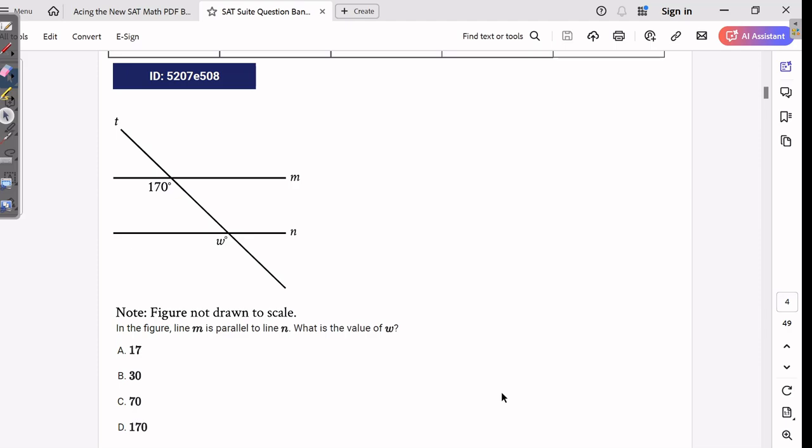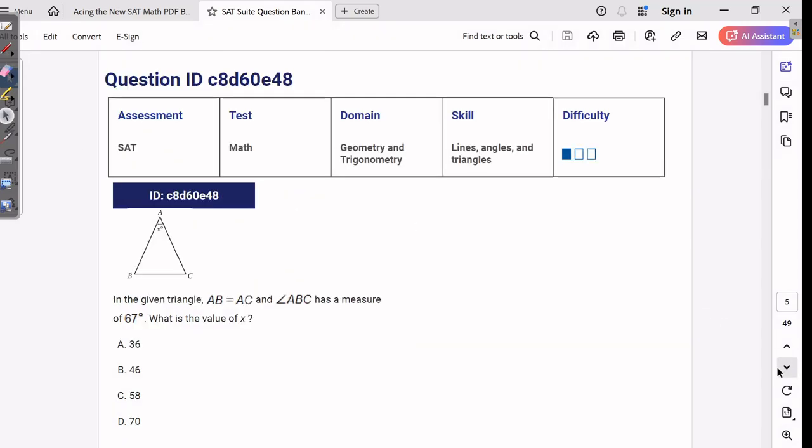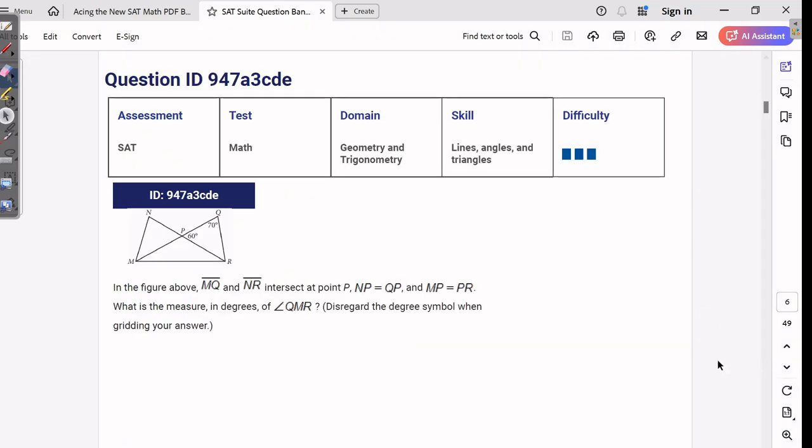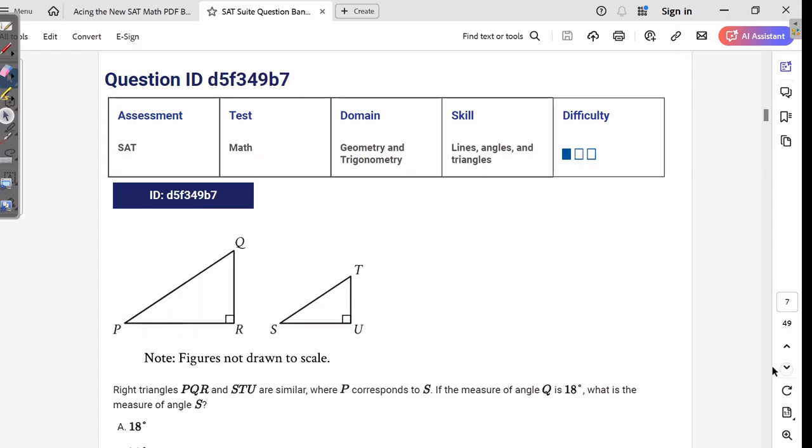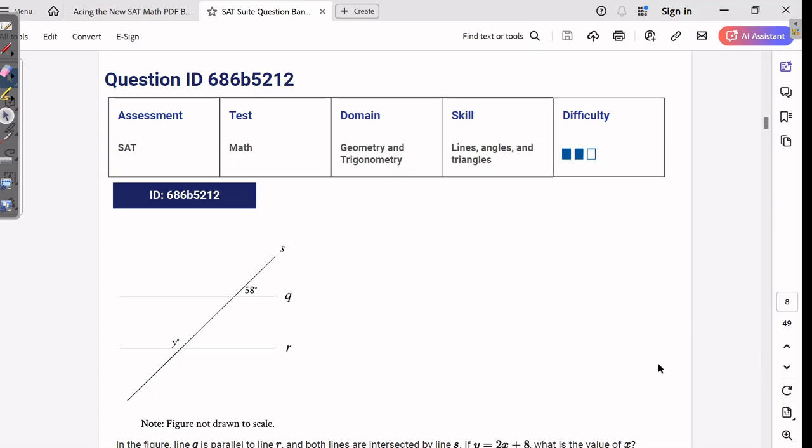Because it's alternate interior. Oh no, it's corresponding. Corresponding, yes. So option D will be correct. They are corresponding. Okay, let's take another one. I'm not taking questions on triangles, but in this assignment there will be questions on lines and angles and triangles as well. Okay, let's do this one.